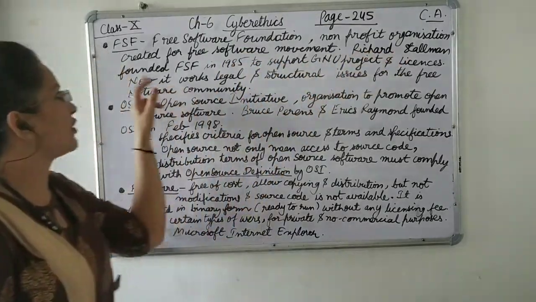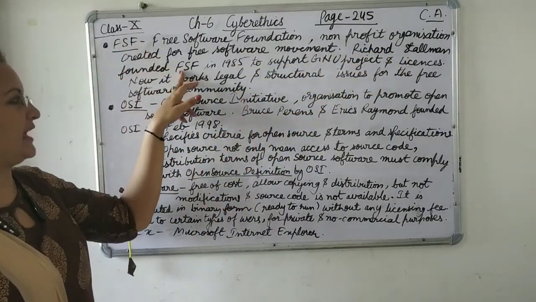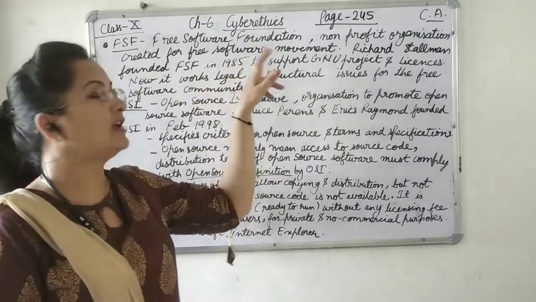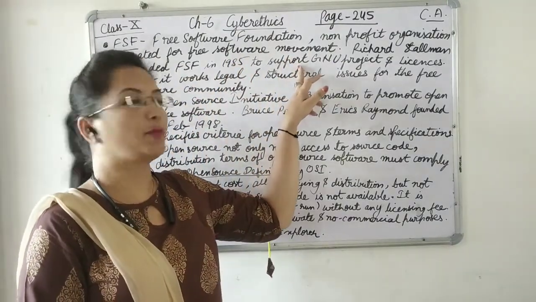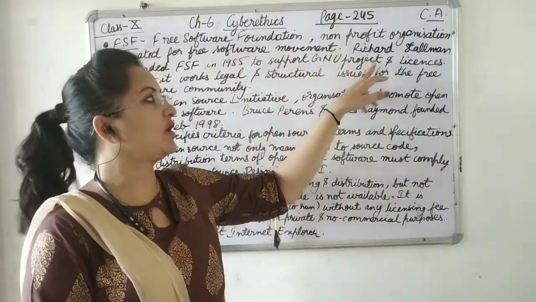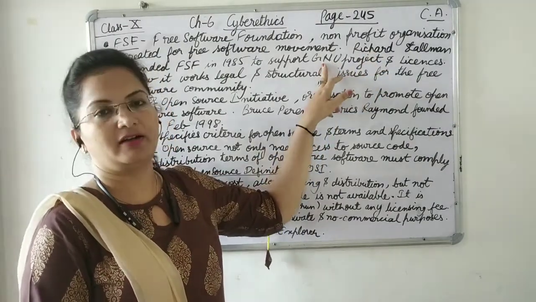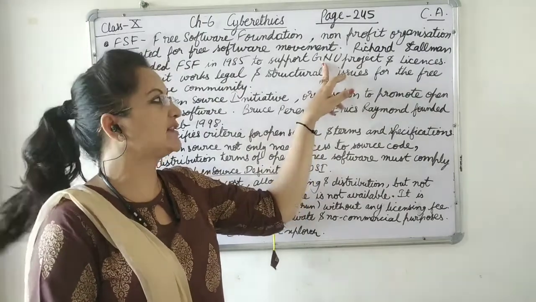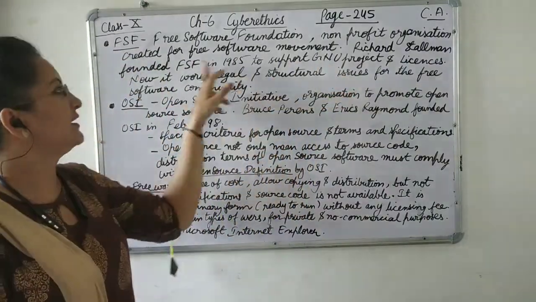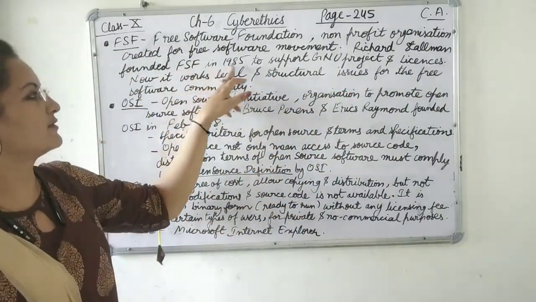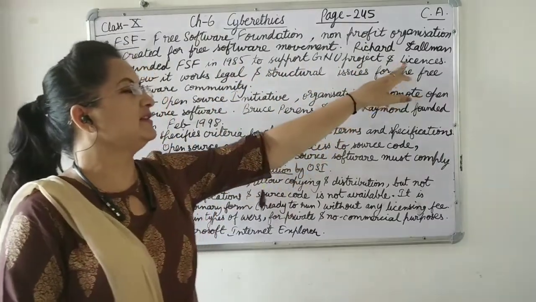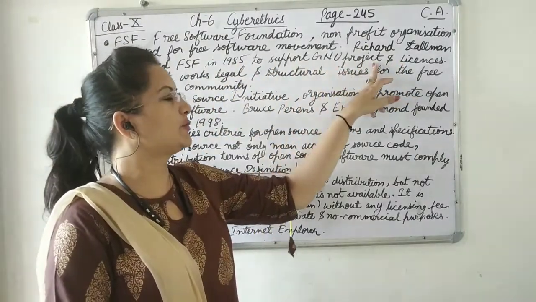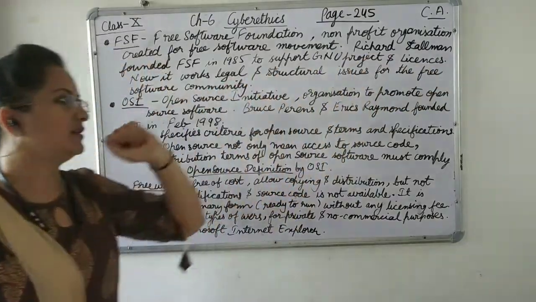Richard Stallman founded FSF in 1985, and it was created to support the GNU project, because Richard Stallman founded the GNU project to develop the operating system. So to support this, he founded FSF in 1985, to support the GNU project and the license of the project.